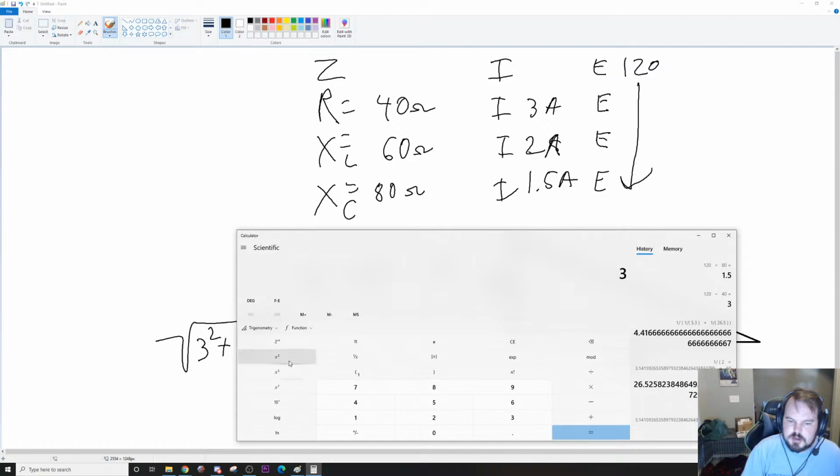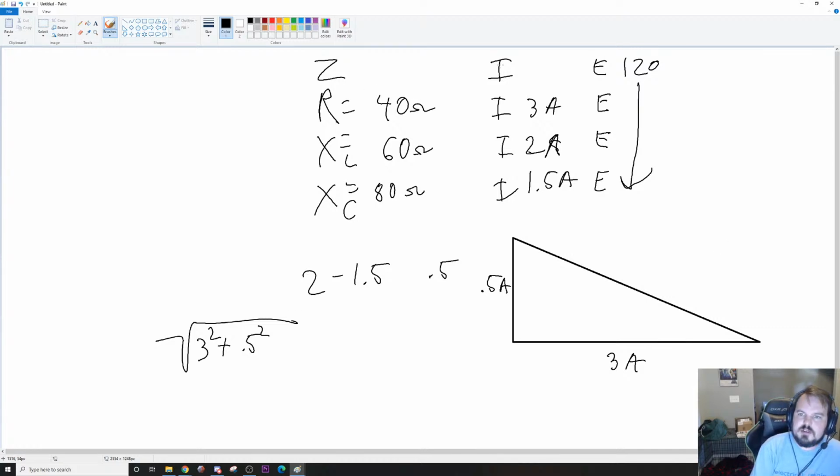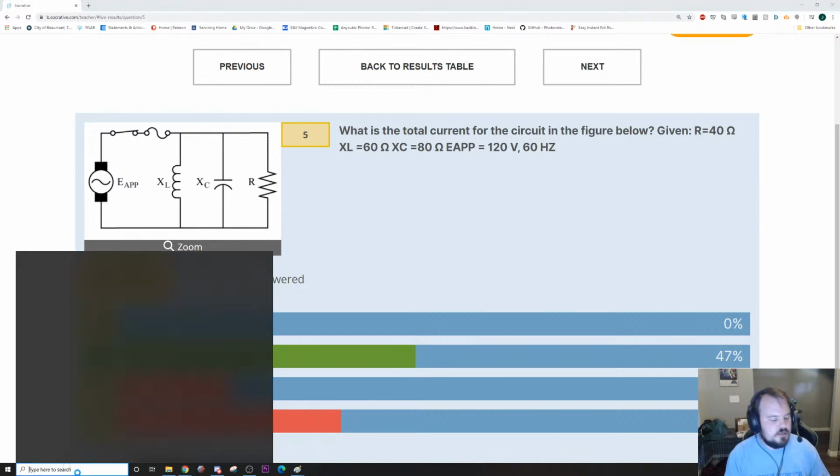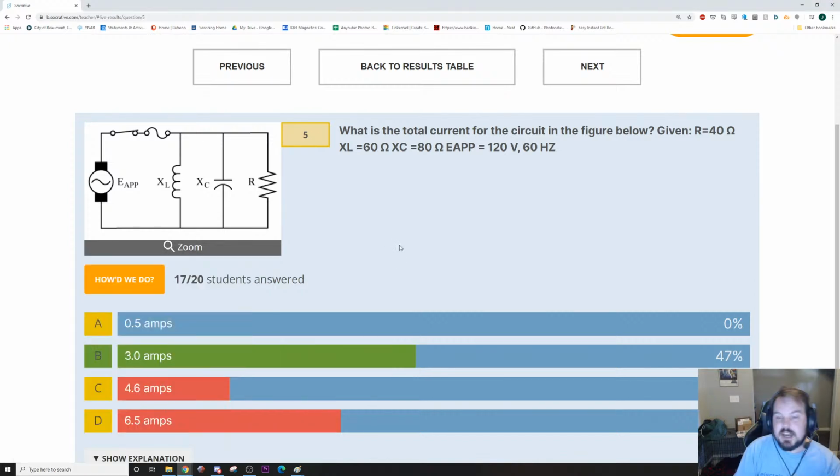Square root of that is 3.04, our answer. Let's see what answer options we have. 3. Yep, that's it. You would not add them together because that's not how current works. Since they're at different angles, you can't just add the currents together. You have to use vector combination.